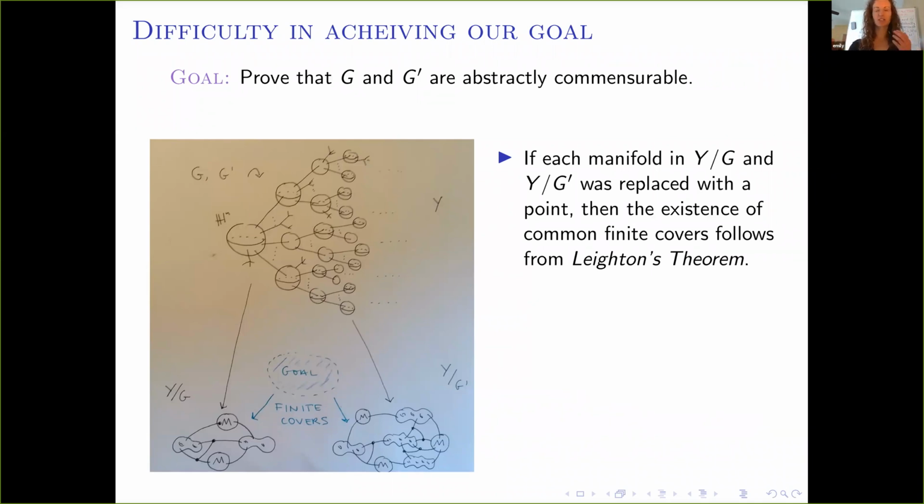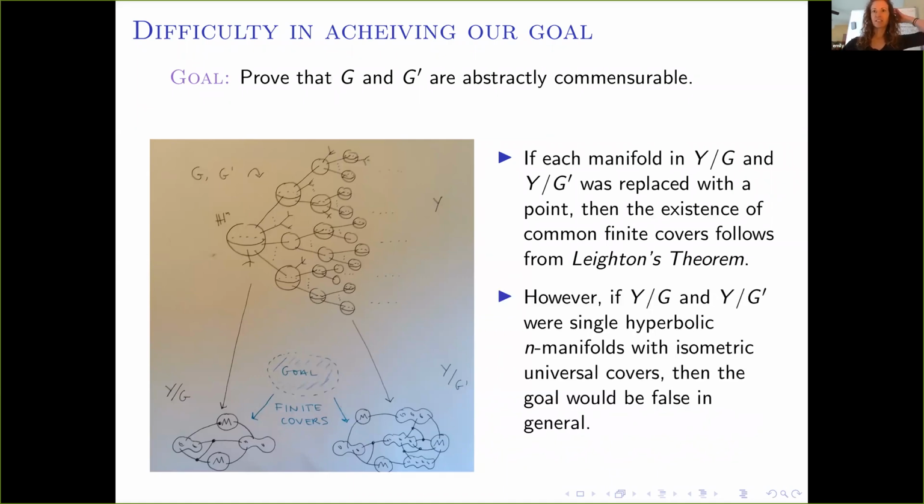So your two quotients are now, suppose, just finite graphs that have isomorphic universal covers. Then Leighton's theorem proves that there exist homeomorphic finite sheeted covers. That is, Leighton's theorem says that two graphs with isomorphic universal covers have homeomorphic finite sheeted covers. So if there were no manifolds at all, it was just a point, we would be done.